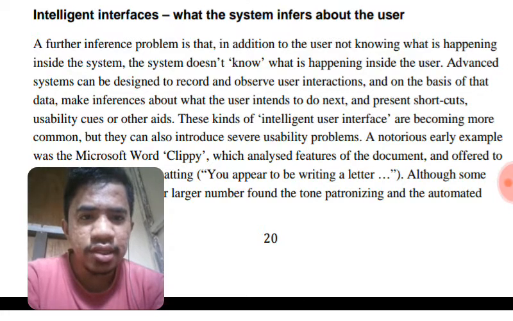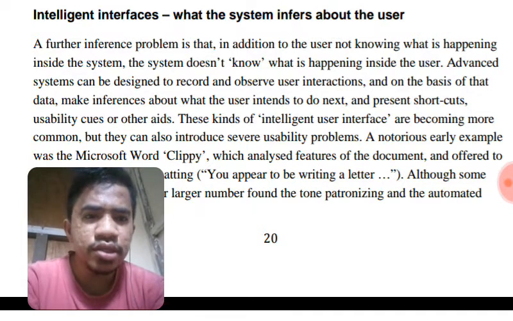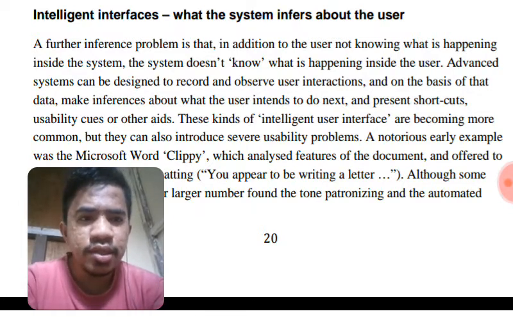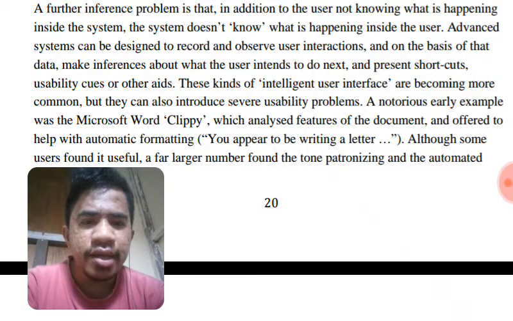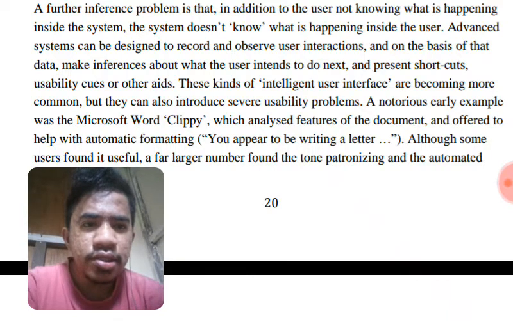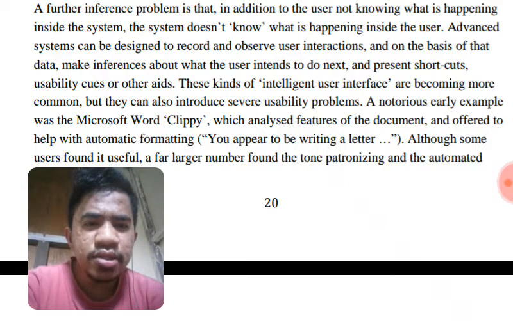Advanced systems can be designed to record and observe user interaction and, on the basis of the data, make inferences about the user's intent, predict what to do next, and present shortcuts, usability cues or other aids. This kind of intelligent user interface is becoming more common, but they can also introduce several usability problems.